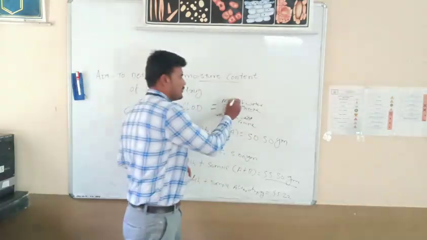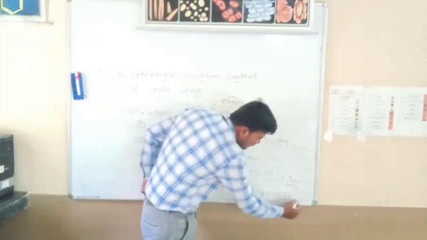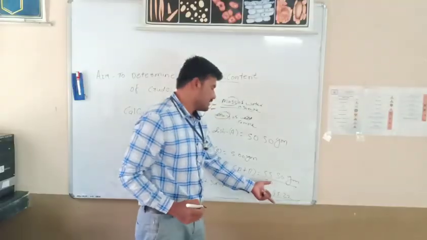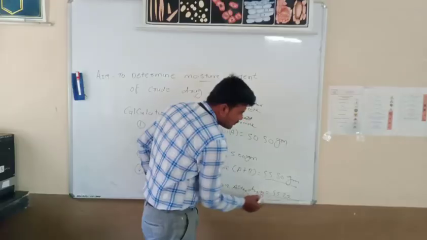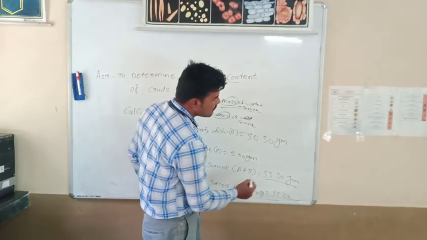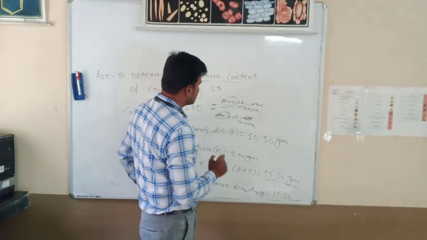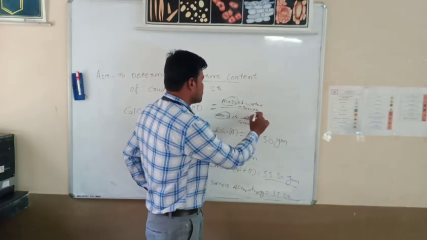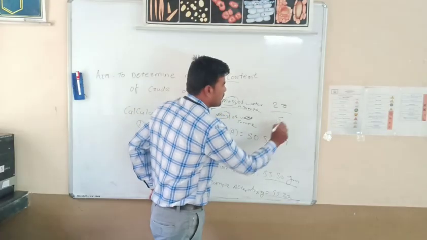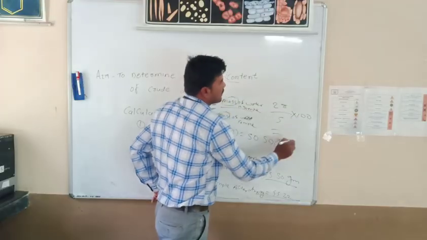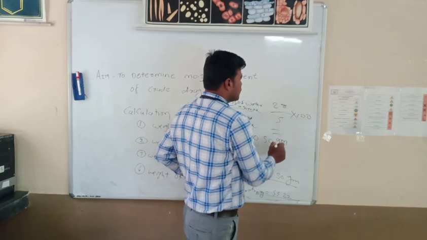Mass means weight. Mass of water is the difference between these two quantities, which is around 0.28. So 0.28 is the difference, that is our mass of water, divided by the mass of wet sample, that is our 5 gram, into 100. Whatever quantity comes, that is our result.